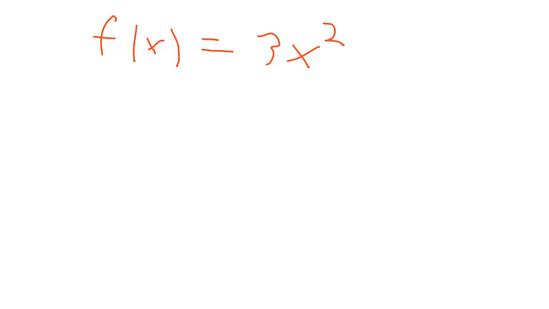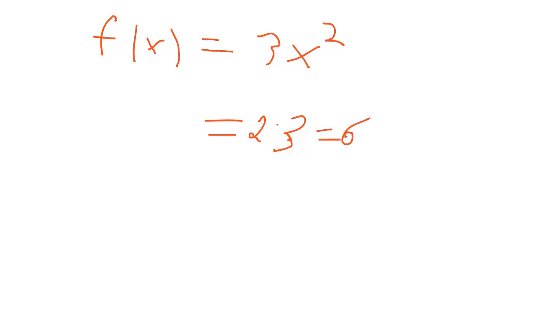Okay, the process is still pretty much the same, only this time, since you have a coefficient in the front, you're bringing down your 2 and multiplying it by that 3. So you would get 2 times 3, which is equal to 6.